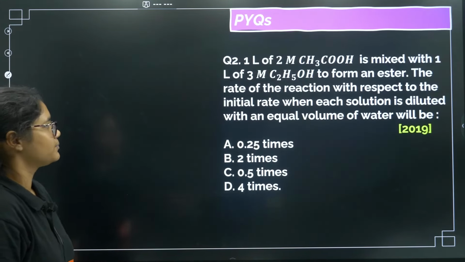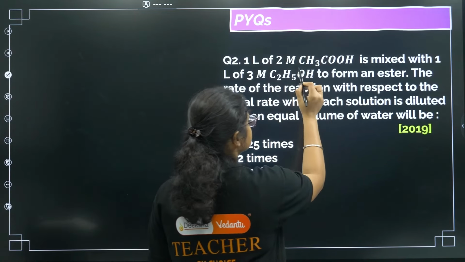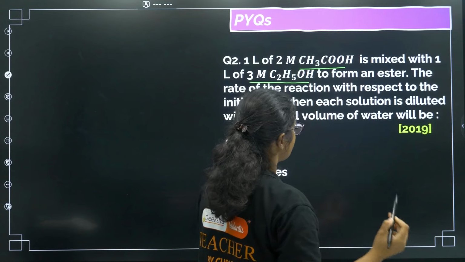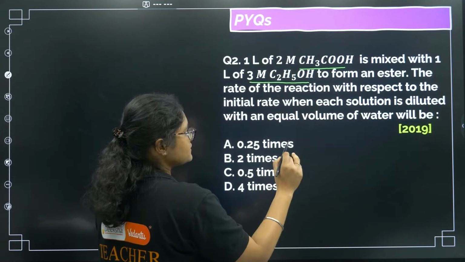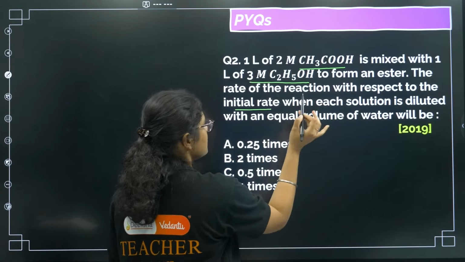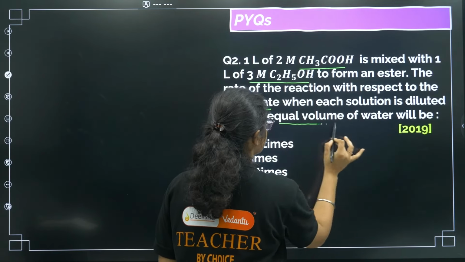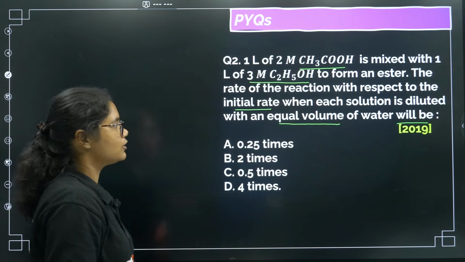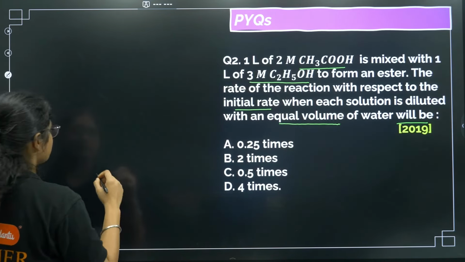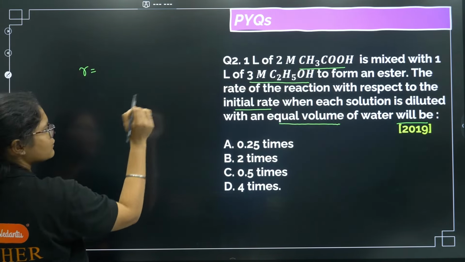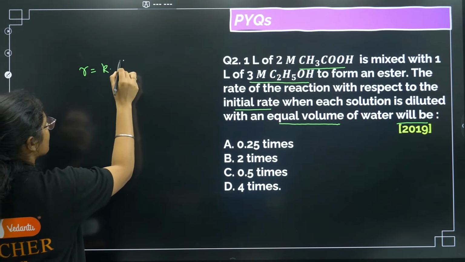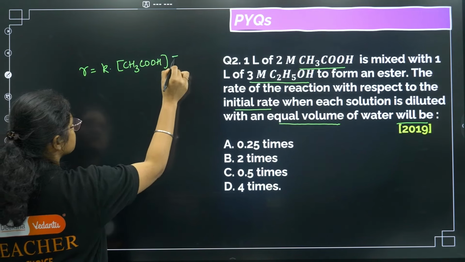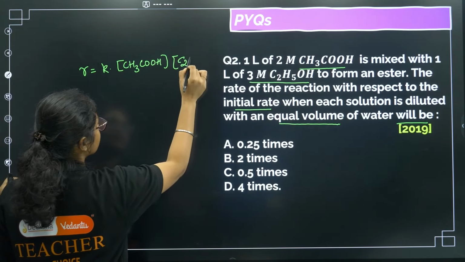Now coming to next. 1 liter of 2 molar CH3COH is mixed with 1 liter of 3 molar C2H5OH to form an ester. The rate of the reaction with respect to the initial rate when each solution is diluted with an equal volume of water will be. So again, this question is from your rate law concept. Initially, I'll write rate is equal to K into concentration of CH3COH and concentration of C2H5OH.